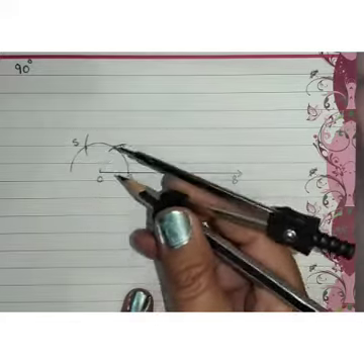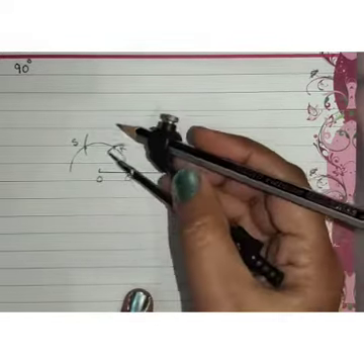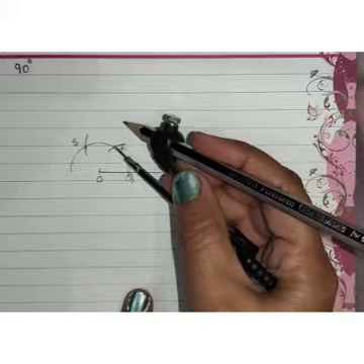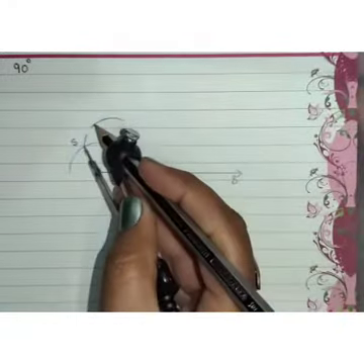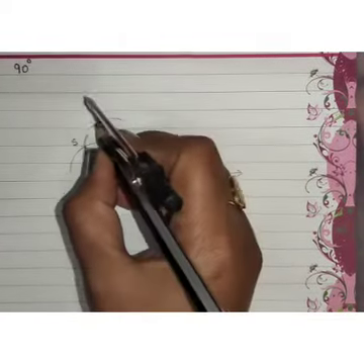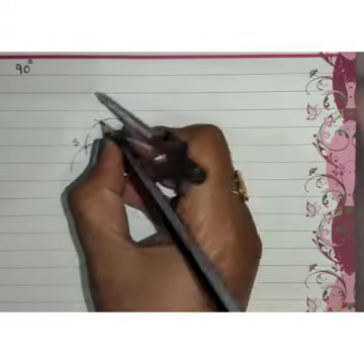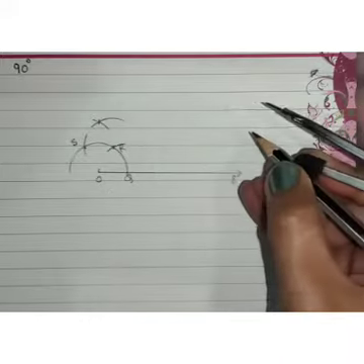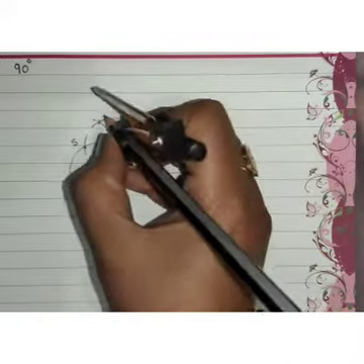Therefore, now taking center R, we draw an arc, and with center S, we draw another arc. These two arcs will intersect each other at point, we can take it as T.